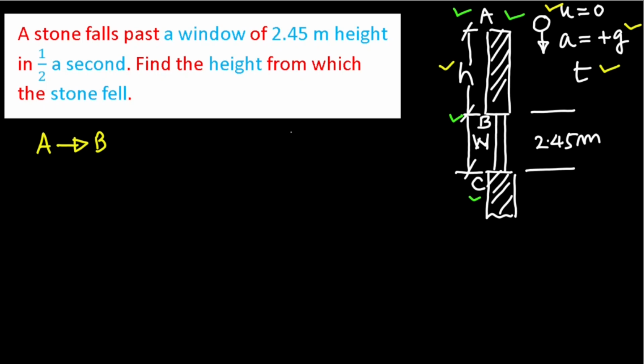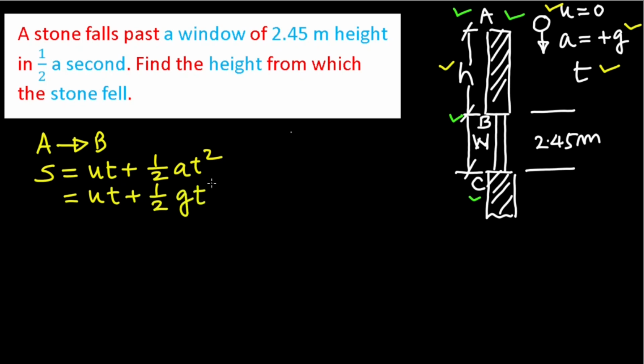So we can use the second kinematic equation, which is S is equal to ut plus half at square. But since the ball is going down, it will be ut plus half gt square, replacing acceleration by g and replacing displacement by h.